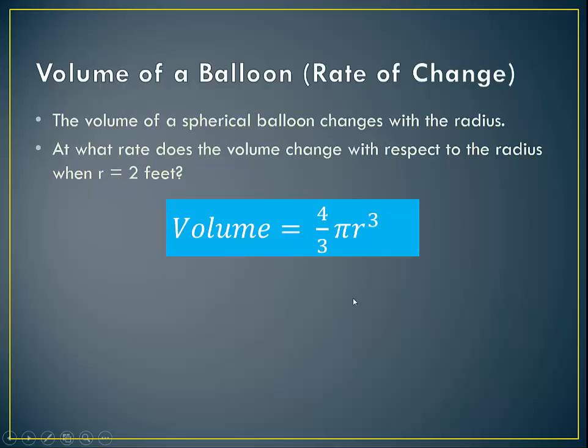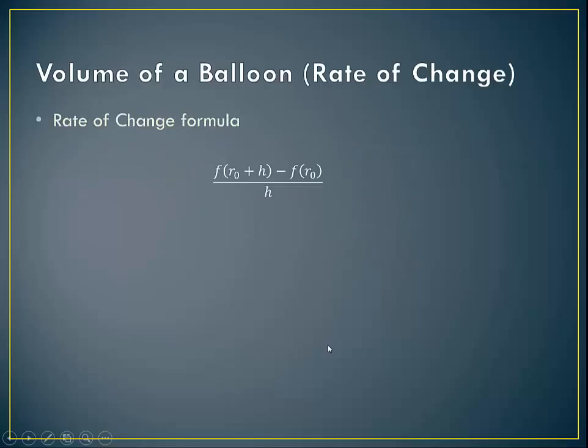Well, the first thing you have to remember is the formula for the volume of a sphere, that's 4/3 times pi times the radius cubed. And this is what I'm going to plug into my average rate of change formula. So my average rate of change says I'm looking at the volume at the radius plus that distance, minus the volume at the radius, over the distance. And I want to look at this as my distance, my h, is approaching 0.